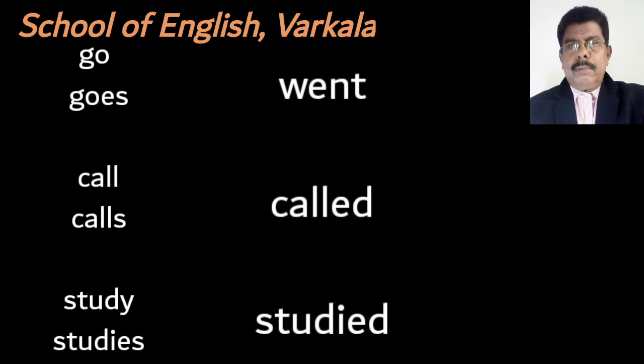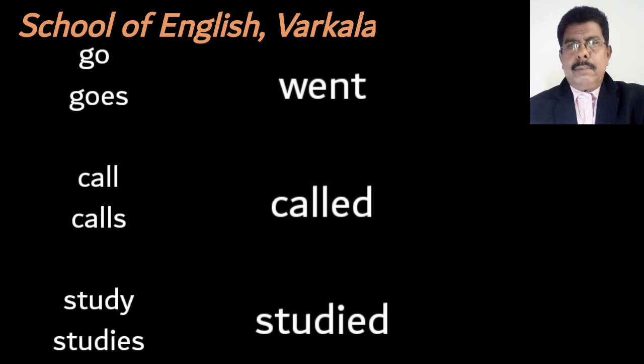That is why I told you in the beginning that auxiliary verbs are otherwise called helping verbs, and they are used to frame tenses. So in order to frame the remaining 10 tense forms, we need the help of auxiliary verbs.